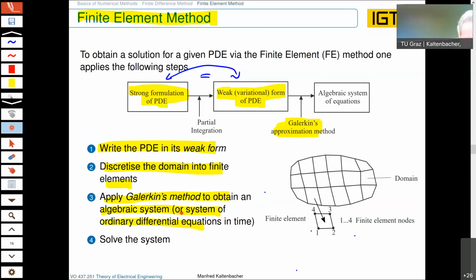which we have to solve. And when we solve it, then again, as for the finite difference method, at all the nodes where our physical quantity, like the electric scalar potential, is unknown, we get the solution at this node, but just at this node. Actually, we have no information what the solution is somewhere inside the element.